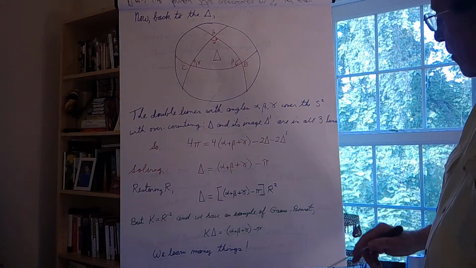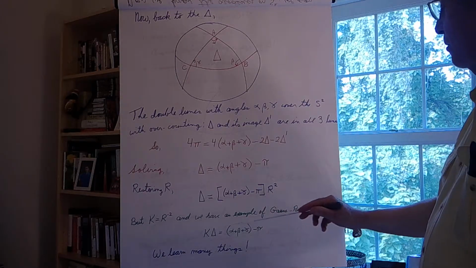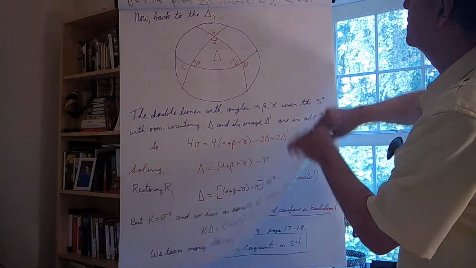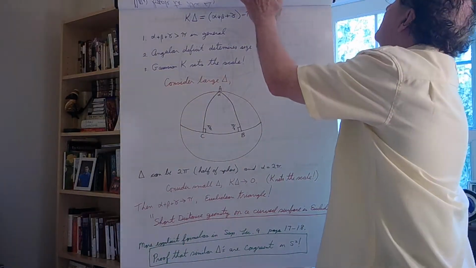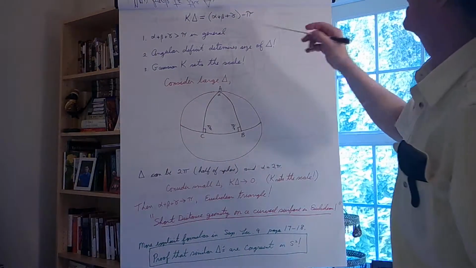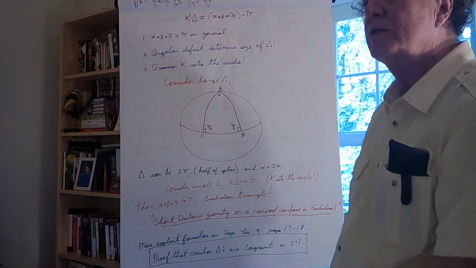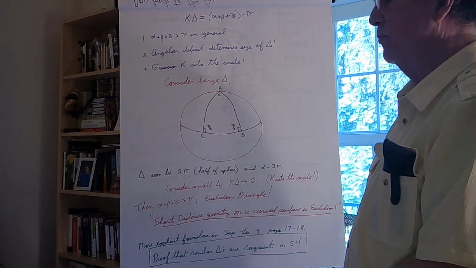Okay, so here's what we derived. Curvature times area is equal to the angle deficit. Let's take a look at that. Well, in general, we see that alpha plus beta plus gamma is going to be greater than pi for geodesic triangles on a sphere. That's not very surprising.